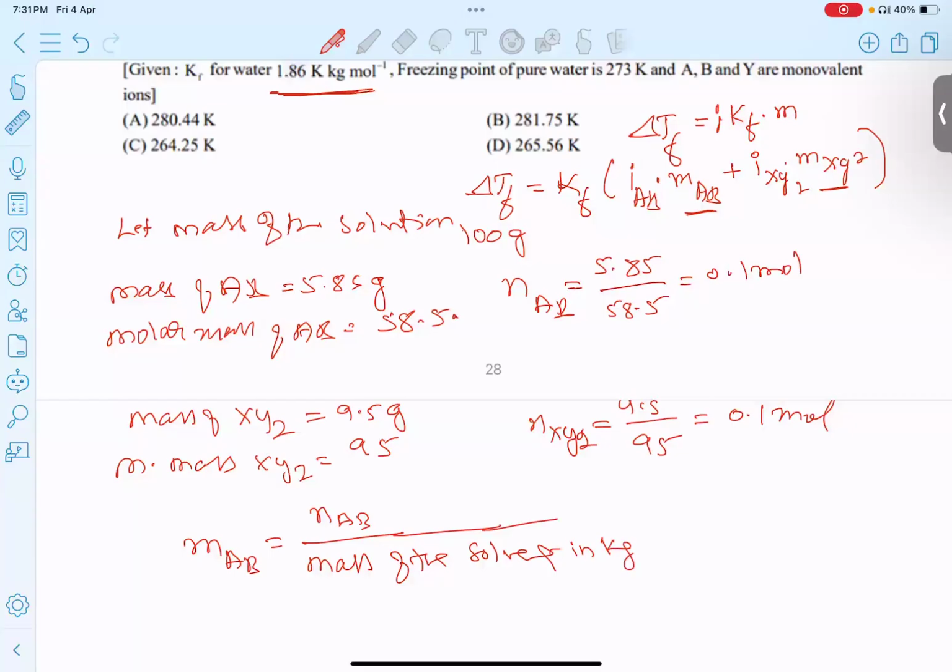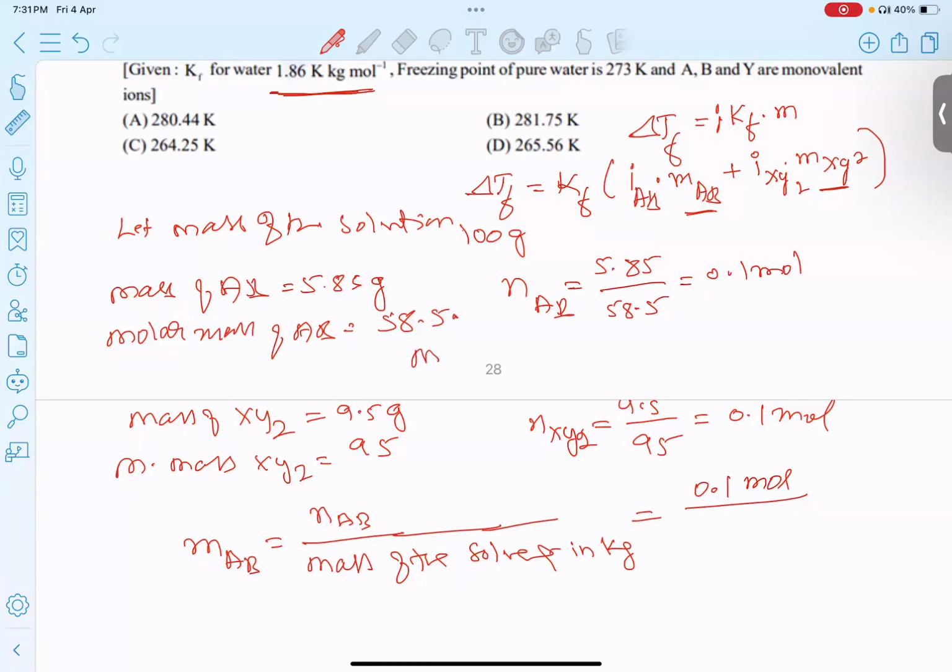Here the number of moles of AB is 0.1 mole. For the mass of the solvent, the mass of the solution is 100 gram, which contains 5.85 gram of AB solute and 9.5 gram of XY2 solute.